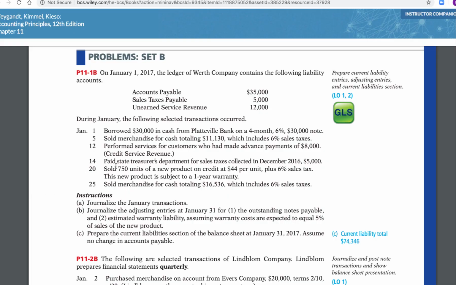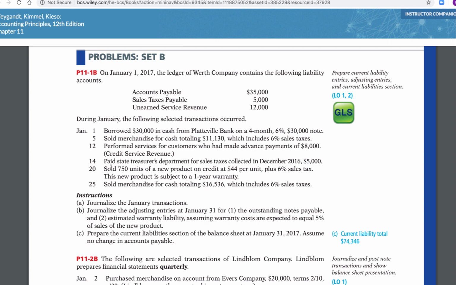is January 14th. So check this out. Paid State Treasurer's Department for sales tax collected in December of 2016, $5,000. Now, I'm not sure exactly how Ohio is, or the state that you live in, but in Pennsylvania, sales tax depends how much you have in sales tax.